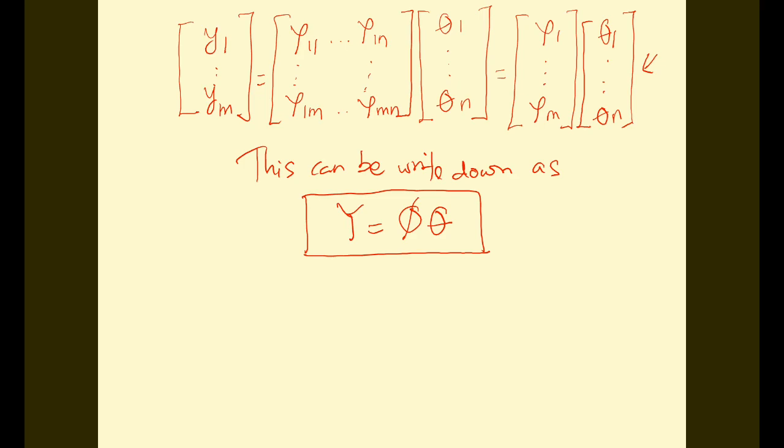In the least squares problem, what we do is define the error vector, where the error vector is basically y minus phi theta.